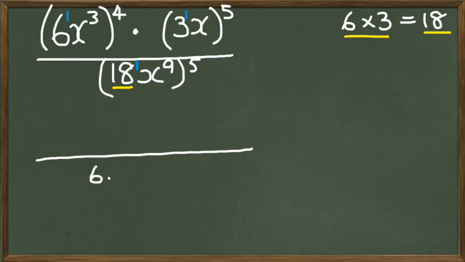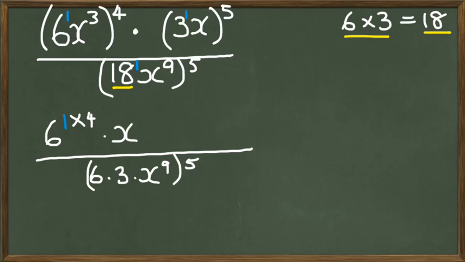So we're going to have 6 multiplied by 3 multiplied by x to the power of 9, and all that is raised to the power of 5. And in the numerator, we have 6 to the power of 1 times 4, and then x to the power of 3 times 4, and then on this side we have 3 to the power of 1 multiplied by 5, and x, well, x is by itself, which means it's got a power of 1 as well, 1 times 5.